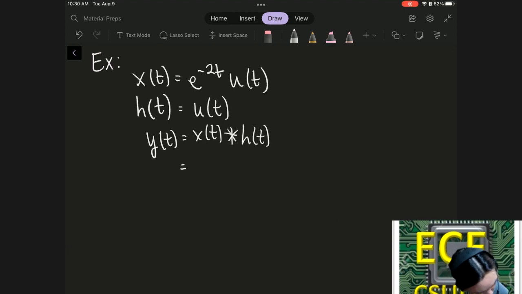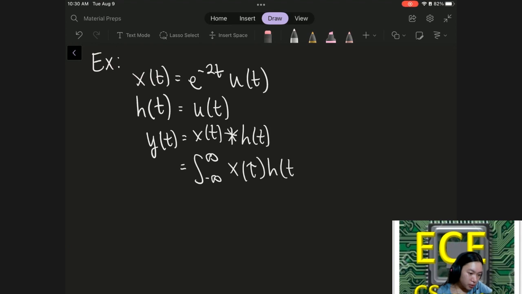And so I gave you the equation before. I'm going to rewrite it so I remember it. Integral from minus infinity to infinity of x of tau h of t minus tau d tau. Okay. So I give you x of t, so let's write it out.